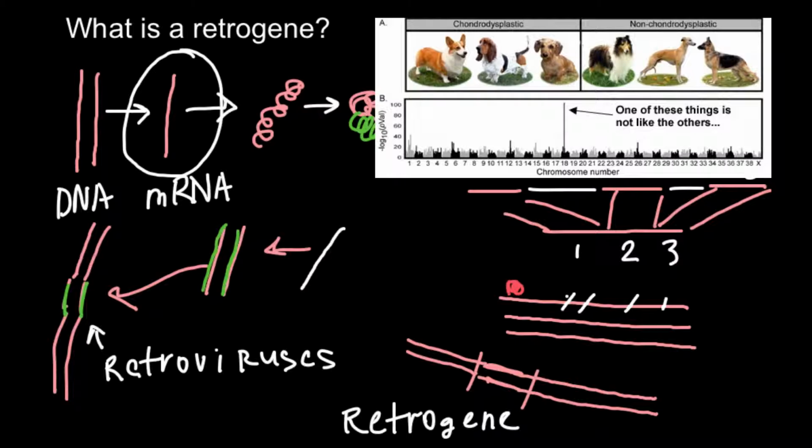But of course, wild animals would die and wouldn't be fit in the environment, but artificial selection of dogs, for whom humans would care, led to fixation of this retrogene in certain breeds of dogs.